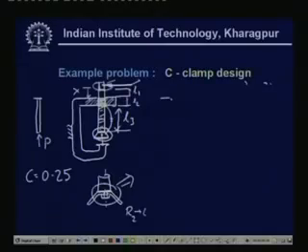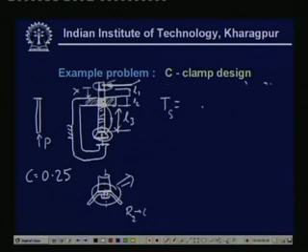Then of course, the torsion in the screw, that is the torque to overcome the friction in the thread, will be given by the known formula which I derived in the last lecture.